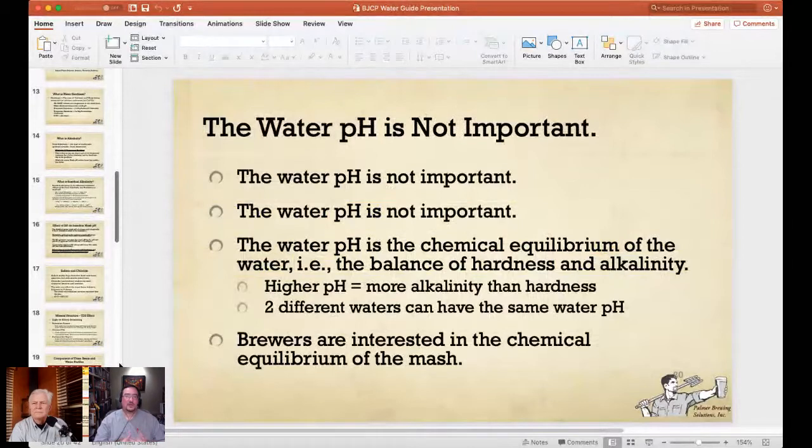People always tell me, oh yeah, I've got bad brewing water, my pH is really high. Well, what are your mineral levels? Because you can have a pH of 9 with mineral levels all in the 20 ppm range. It happens all the time. And that water is easily adjusted by the malts in your mash.